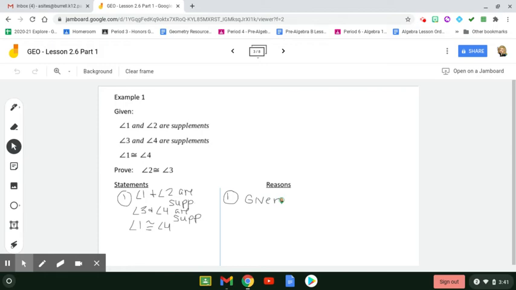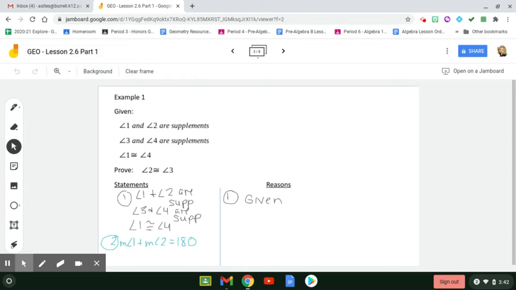Okay, so let's think about some things here that might help us. Let's go off of what we know about supplementary angles. I know that if I added up the measure of angle 1 and the measure of angle 2, it would have to equal 180 degrees.